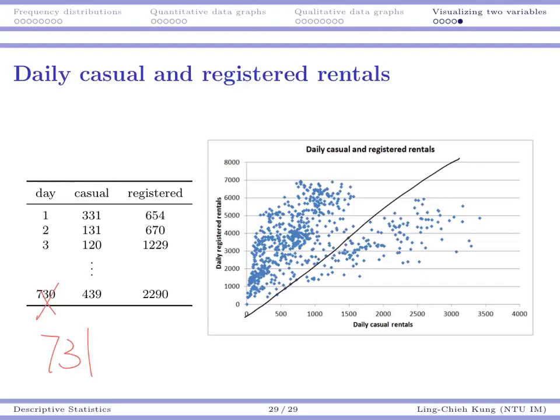Another thing you would observe is that, roughly speaking, these two sets of data are still positively correlated. When one goes up, the other basically goes up. But in this graph, the trend is not so obvious compared to the previous graph.